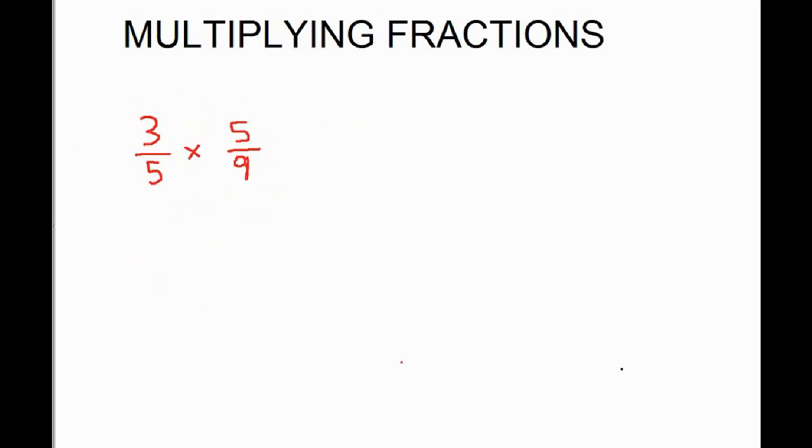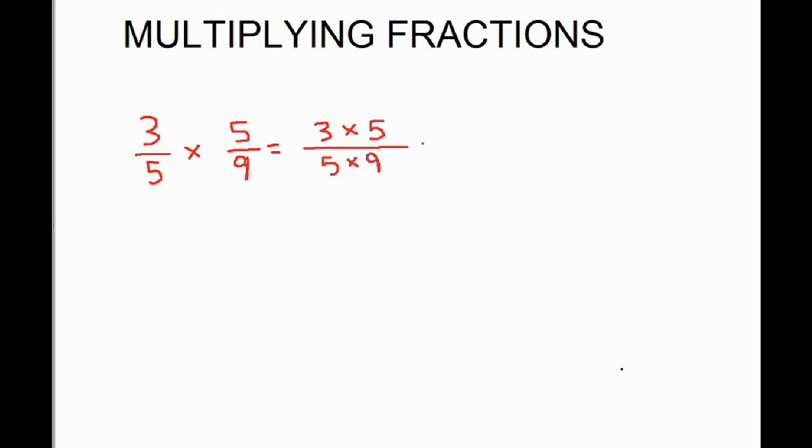Here's another example of multiplying fractions, where again, if I were just to go ahead and multiply these two, we would multiply 3 times 5 to get the numerator, and 5 times 9 to get the denominator. What I'm going to do is rewrite this question though, because since all we're doing is multiplying the numerators together, I can write this as one big fraction, where we're just multiplying 3 times 5 in the top and 5 times 9 in the bottom. Well, as we know with multiplication, it doesn't matter what order you multiply two numbers in.